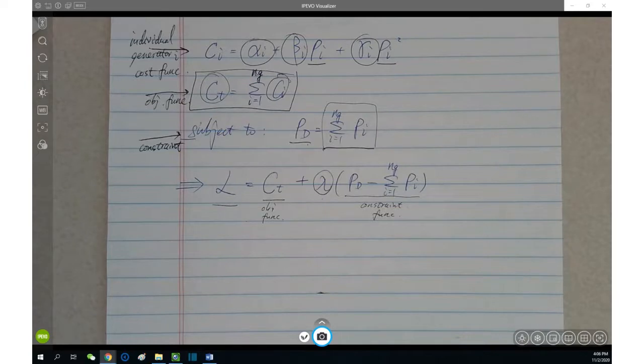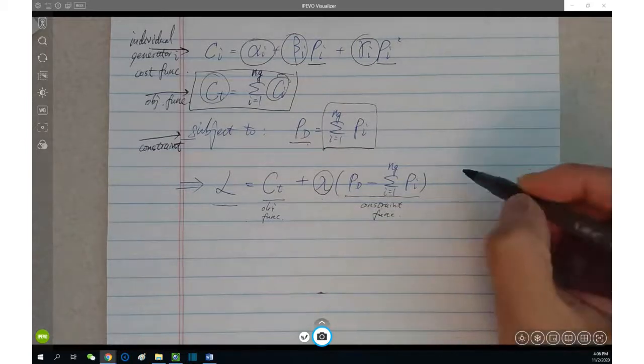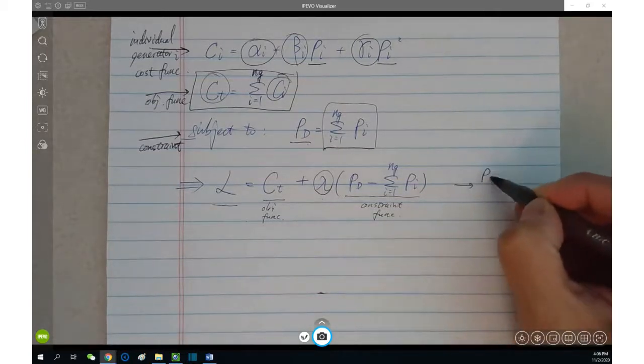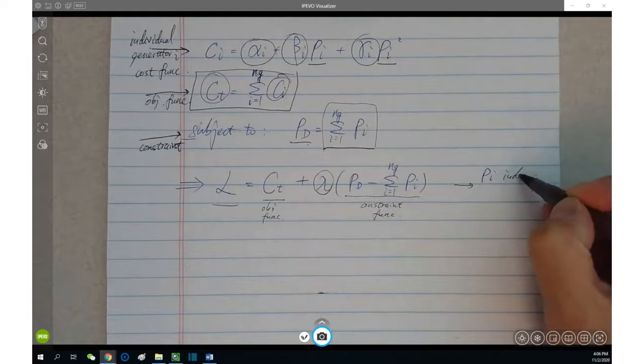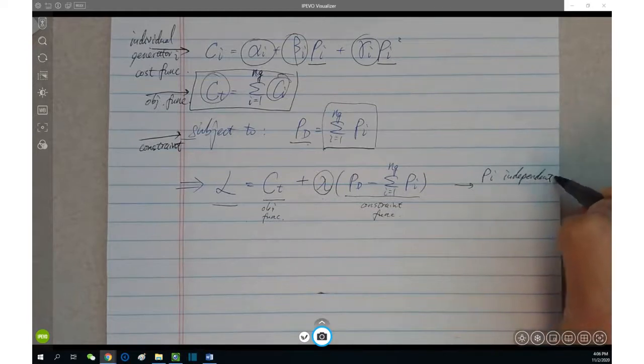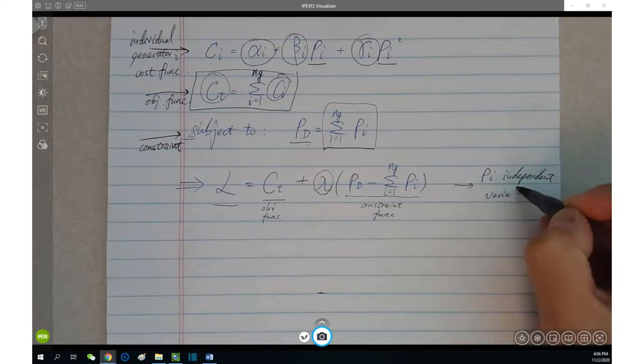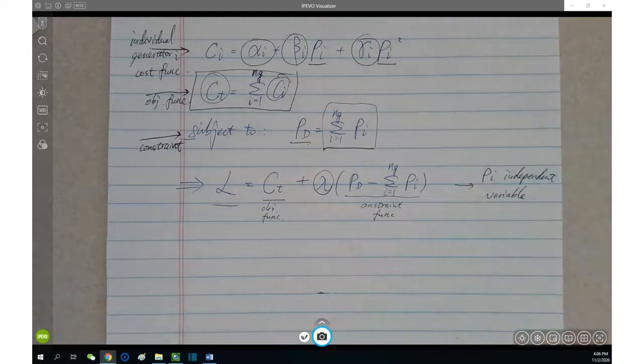We're trying to match what we have done in the math problem. Power, very good. P sub i is the independent variable. Correct.